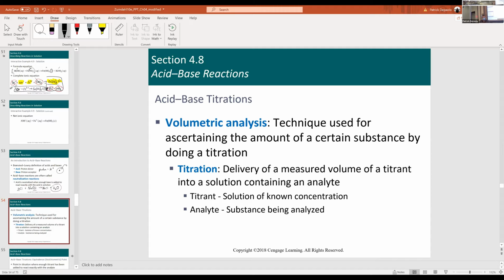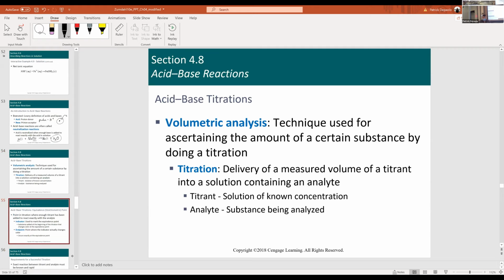So based on that, you can do some stoichiometry and figure out how many moles of the known one it took to neutralize the unknown one. By that amount, and by using the volume of the unknown, you can figure out how many moles of the unknown was in there and what the concentration of it was. So this is a very powerful technique for acid-base neutralization and really determining the concentration of an unknown.